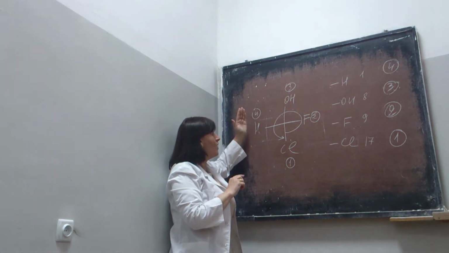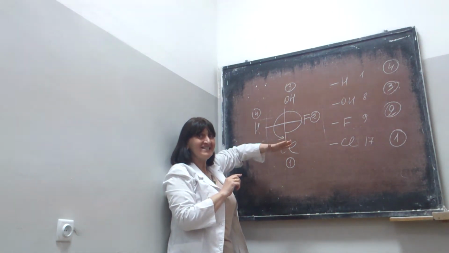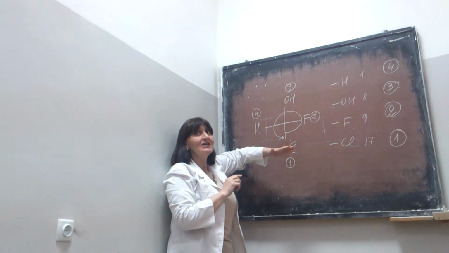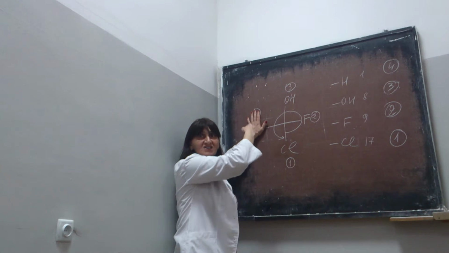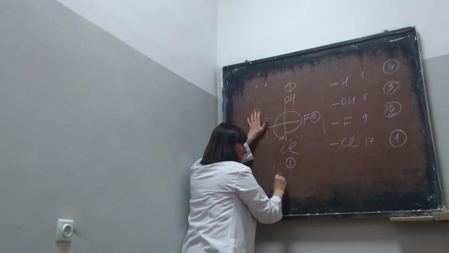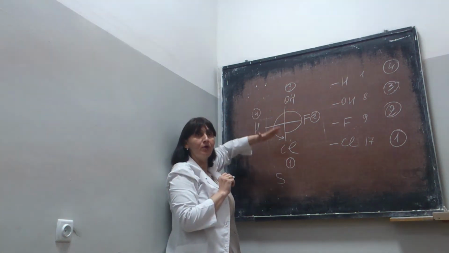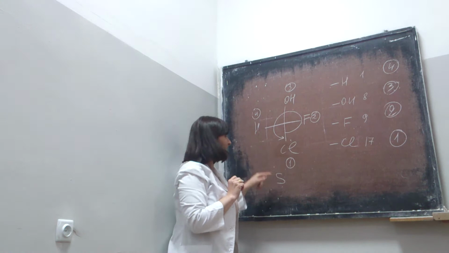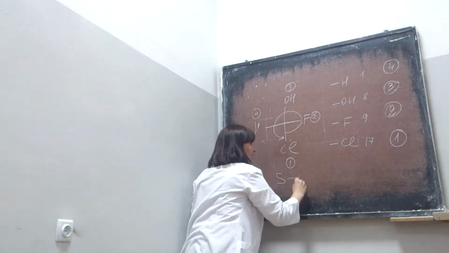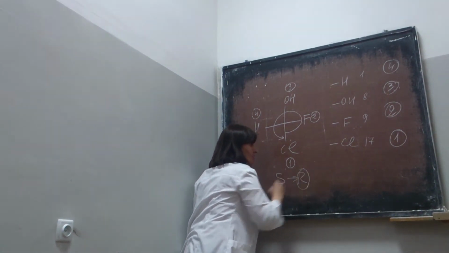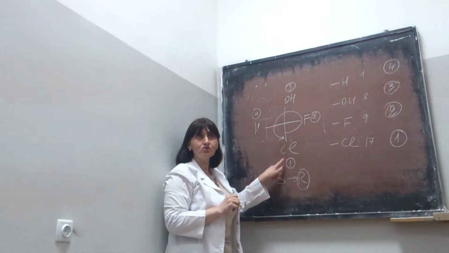If your lowest priority group is on the vertical line, in this case you have to change the absolute configuration. Without this, if your priority decreases anticlockwise, it means you have S absolute configuration. But because your lowest group is on the vertical line, you have to change S to R. And finally, your molecule has R absolute configuration. So this one is R.